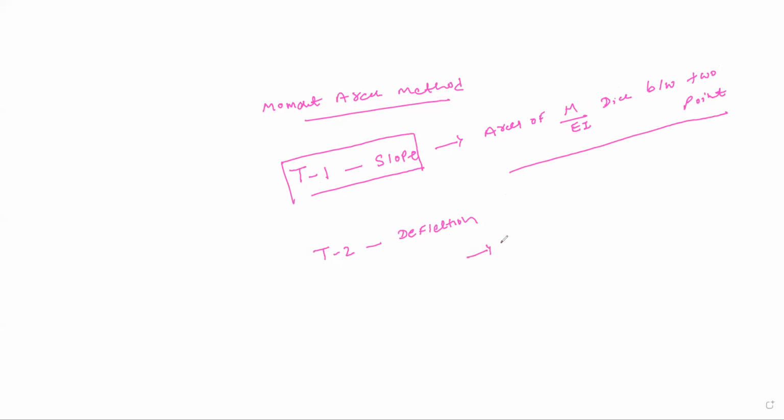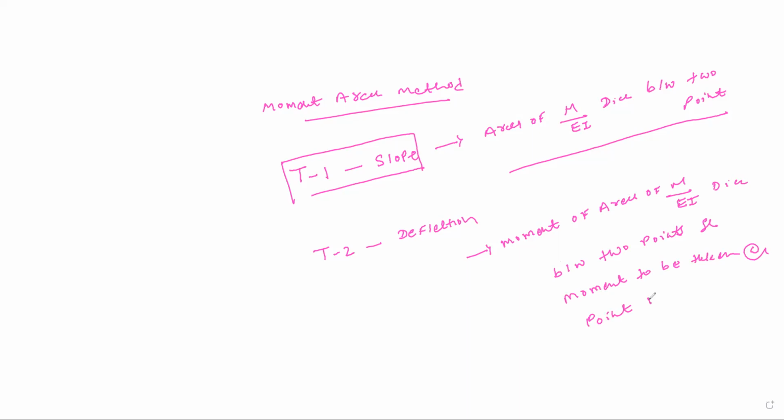That is for the moment of the area of the M divided by EI diagram between 2 points, and the moment is to be taken about the point where the deflection is to be calculated.